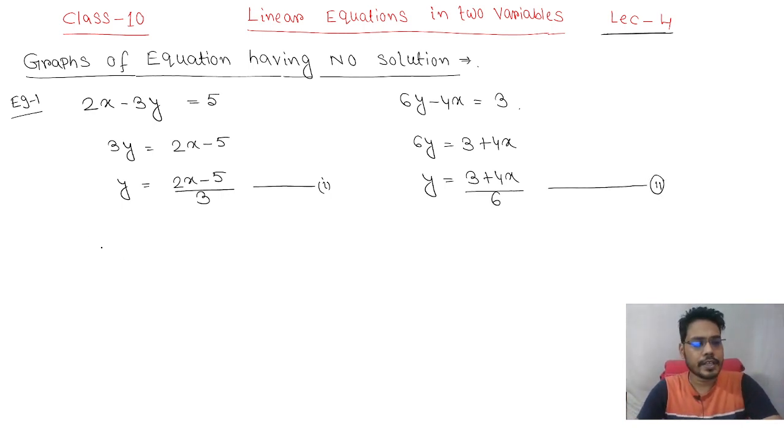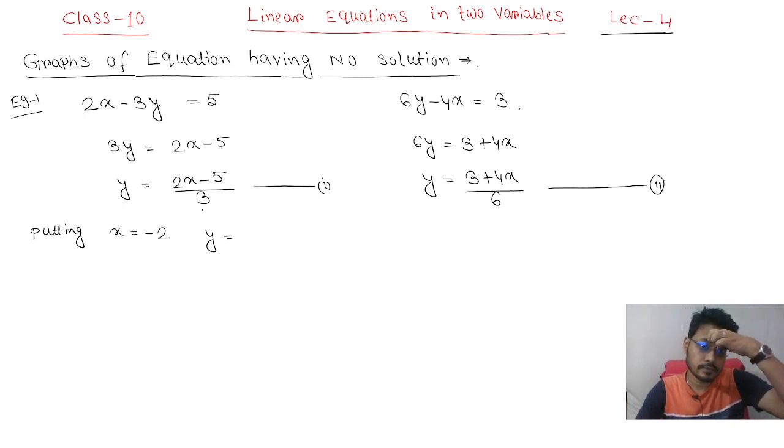Now when you put x is minus 2, then y will be minus 9 by 3, that will be minus 3.